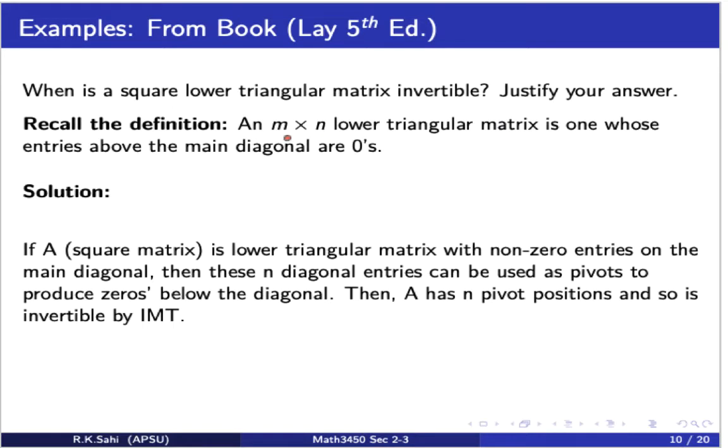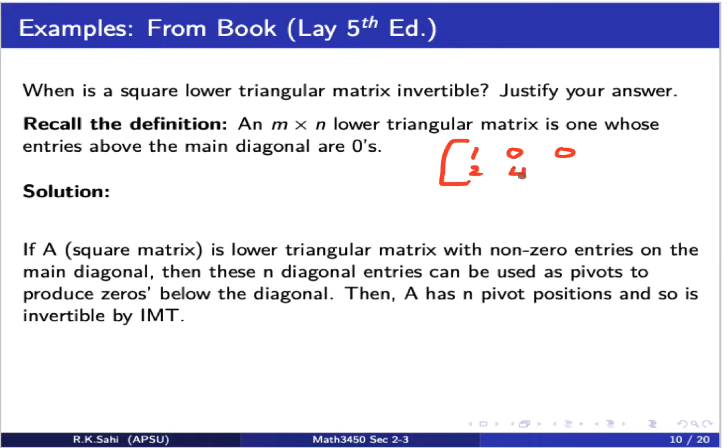I hope you remember that an m by n lower triangular matrix is one whose entries above the main diagonal are zeros. So if we have an example here, say 1, 0, 0, then 2, and we can have any element here.